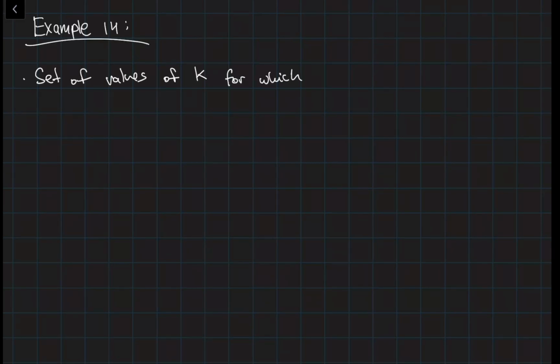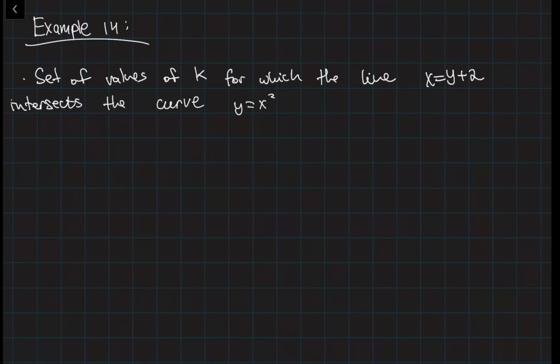Example 14 says: find the set of values of k for which the line x equals y plus 2 intersects the curve y equals x squared plus 3x plus k at two distinct points.